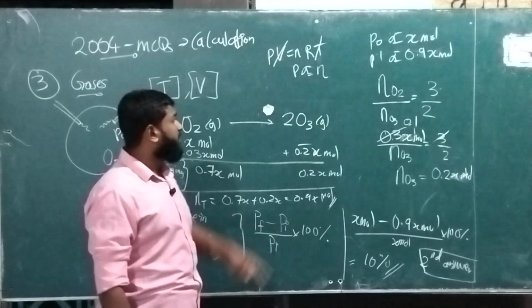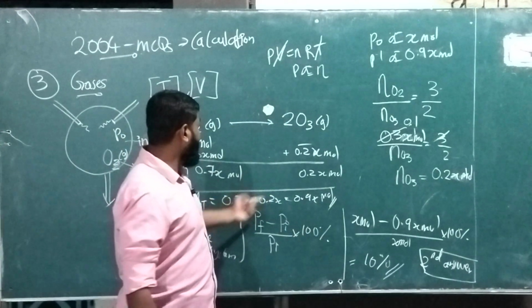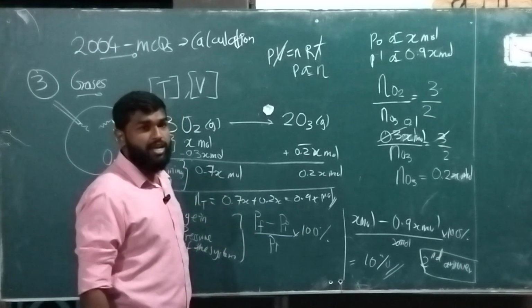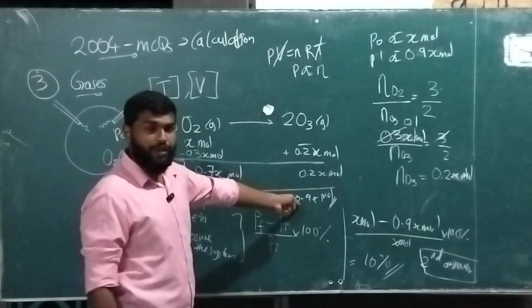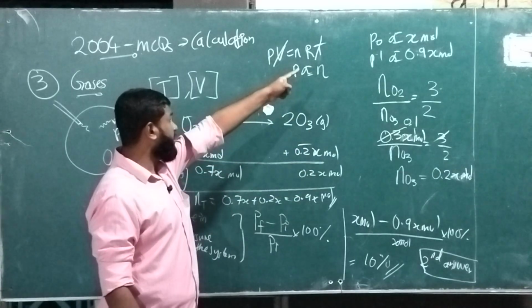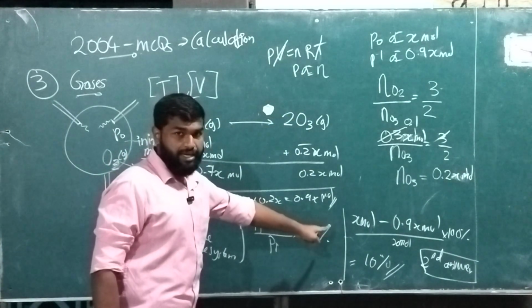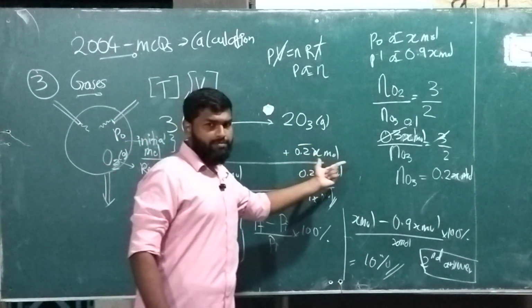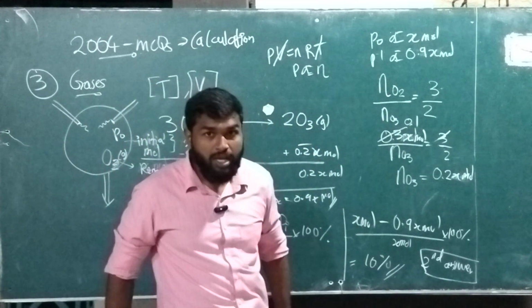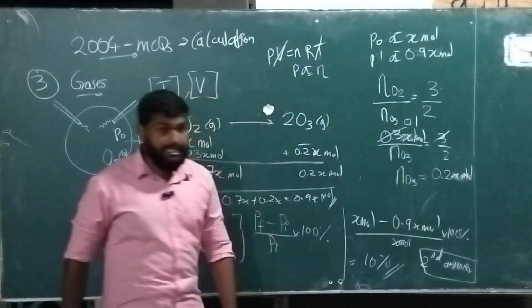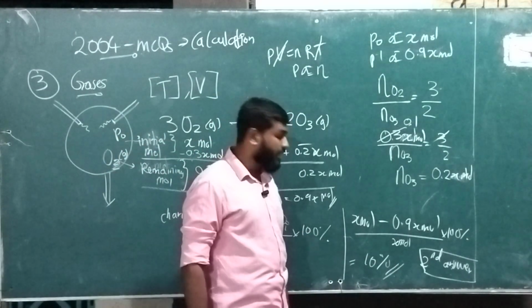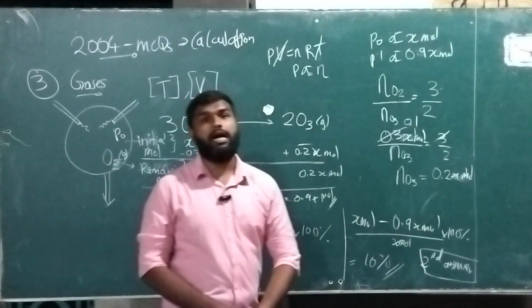As a short method, initially you had x moles, and the final number of moles is 0.9x, so you can say 10% has changed because 0.1 is the change. Into 100%, so 10% is going to be your actual change in the pressure. So how much is it reduced? By 10%. So that is going to be your second answer.